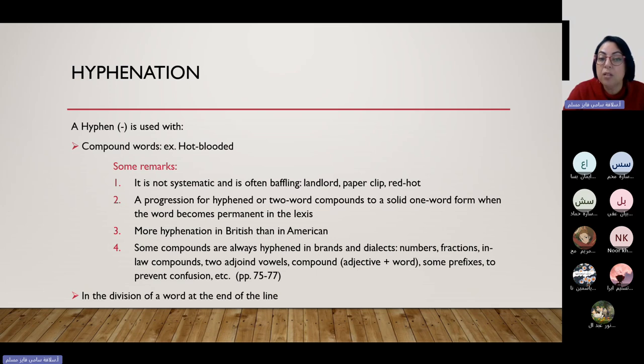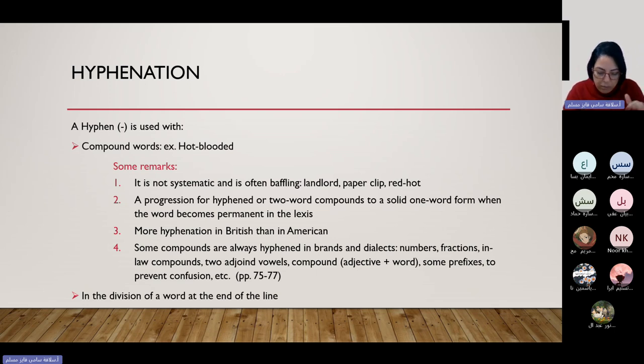Some compounds are always hyphenated, like numbers, fractions, in-law compounds, like two adjoining vowels, compound words like adjectives, and some prefixes, which are the words that come before the word attached to it, and this is to prevent confusion.